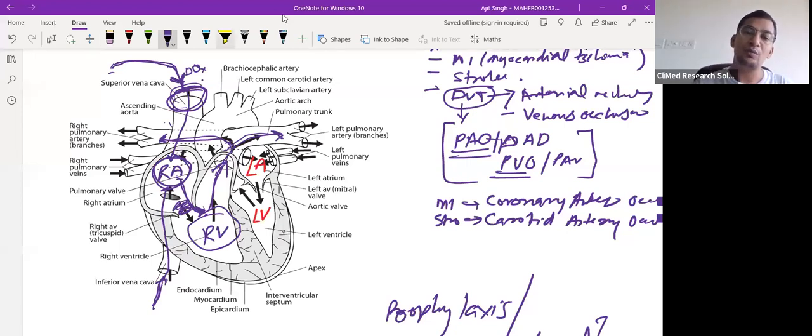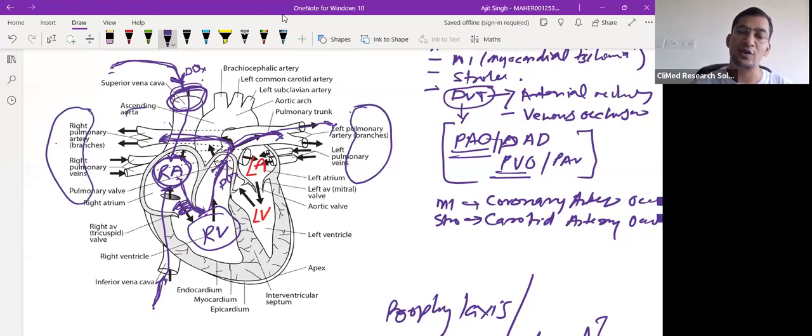Why do we call them pulmonary arteries? Because these take the blood out of the heart to the lungs, but they are carrying deoxygenated blood. Then it goes to the lungs, the right and left lungs, and it is getting purified.